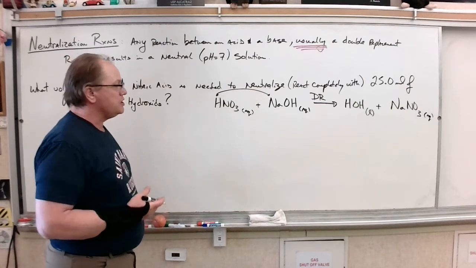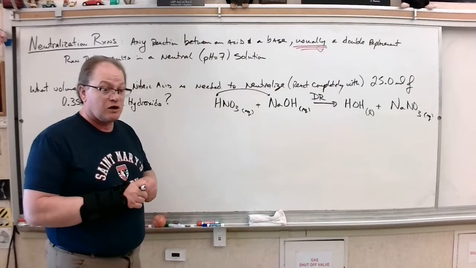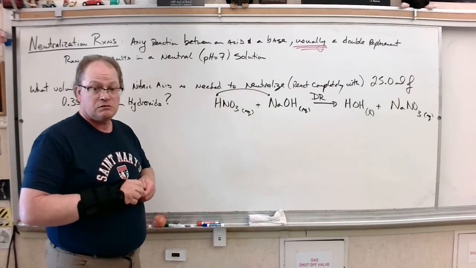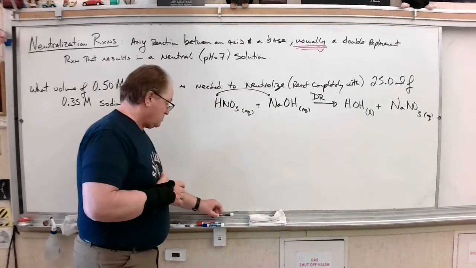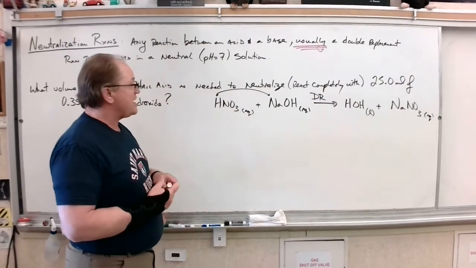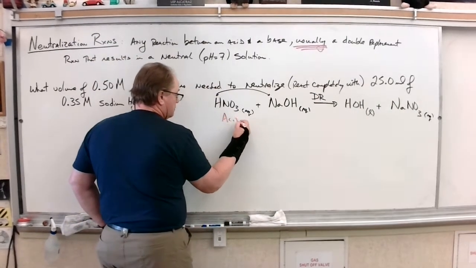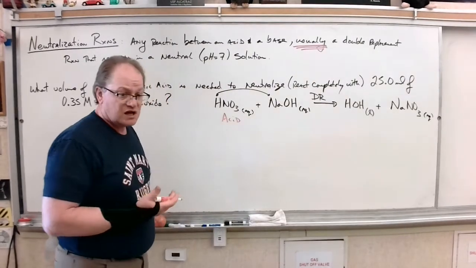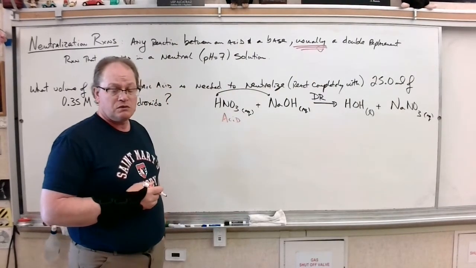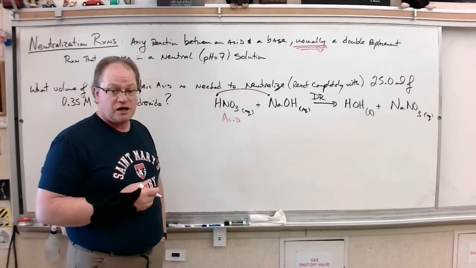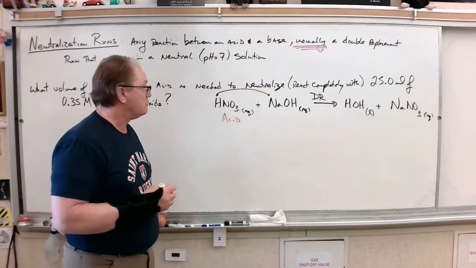This is a double replacement reaction. It's also a neutralization reaction. Nitric acid is an acid. And what is it that acids do? Well, Bronsted-Lowry tells us acids donate hydrogen ions. That's what they do, right?